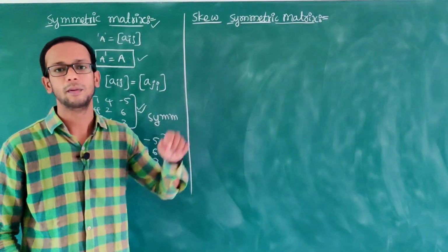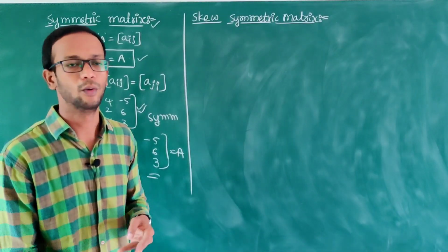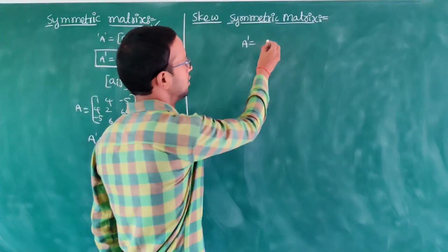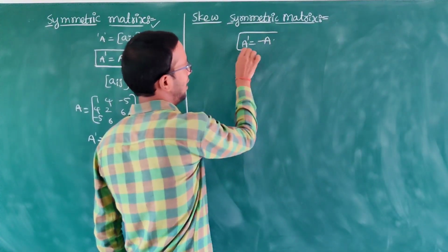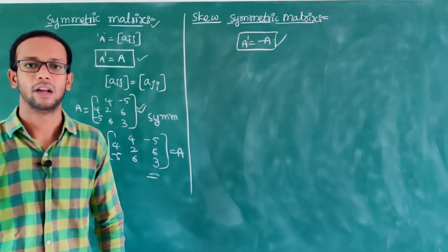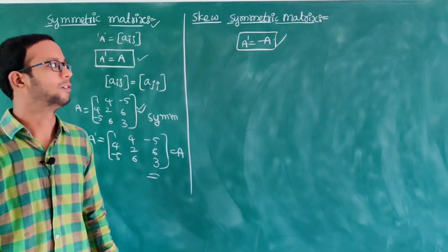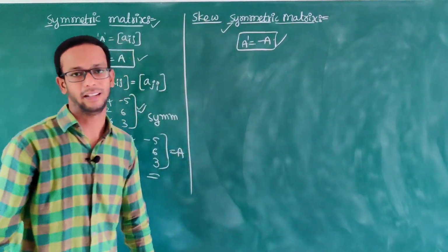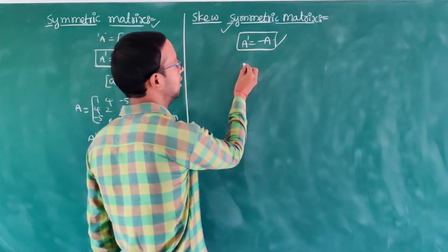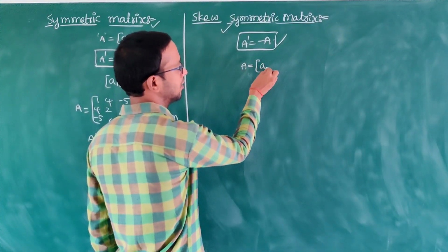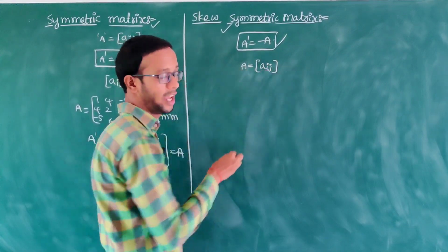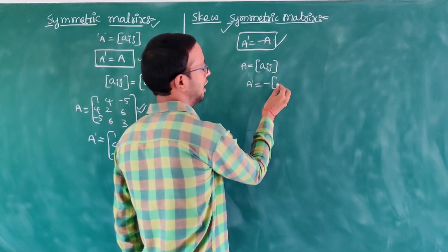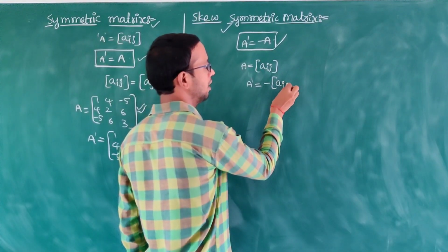Next, skew symmetric matrix, again a square matrix. A' is equal to -A. If you get that, the matrix is called a skew symmetric matrix. That is nothing but, here A is the matrix Aij, a square matrix, and A' is equal to the negative of Aij.